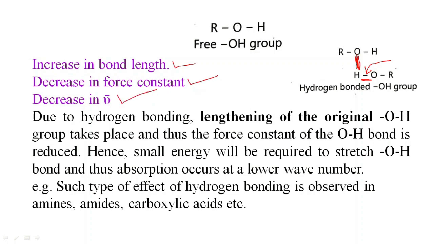As the bond becomes weaker, the energy required to stretch the bond becomes less. So these are the changes occurring due to intermolecular hydrogen bonding: increase in bond length, decrease in force constant, decrease in wave number.